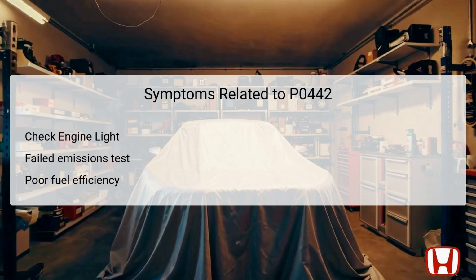Drivers may also experience poor fuel efficiency when the EVAP system is not functioning correctly, leading to increased fuel vapor loss. Keeping an eye on these symptoms can assist in the early identification of issues related to the EVAP system and lead to more efficient diagnostics and repairs.